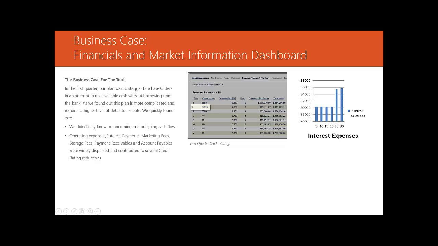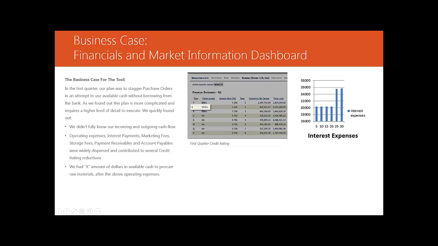Our operating expenses, interest payments, marketing fees, storage fees, payment receivables, and accounts payable were widely dispersed and contributed to several credit rating reductions. As a result, our credit rating reductions brought us to a BB plus credit rating, and it increased our interest payments.